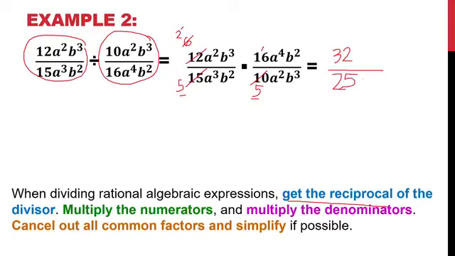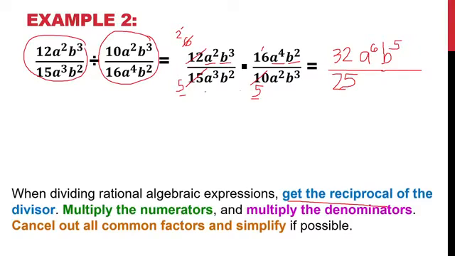Now, let's multiply the numerators, the variable. Let's multiply a squared and a raised to 4. Add the exponents, that's a raised to 6. Do the same thing with the variable b in the numerator. Add the exponents of b, you're going to get b raised to 5.